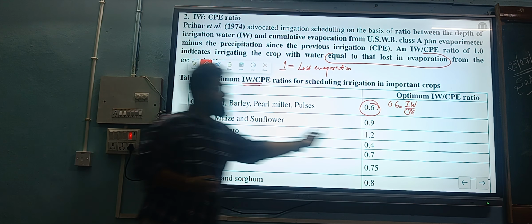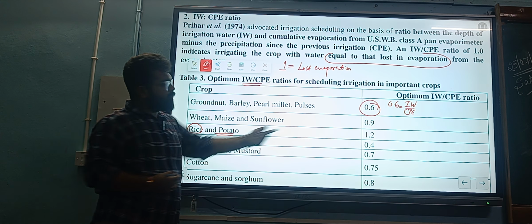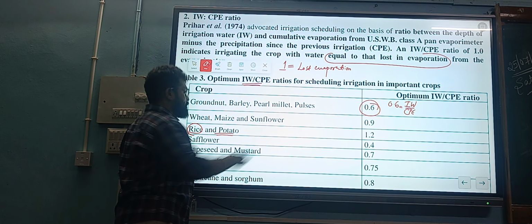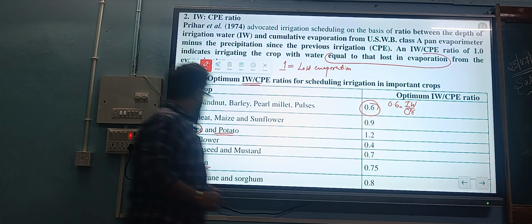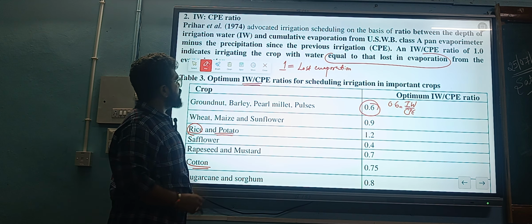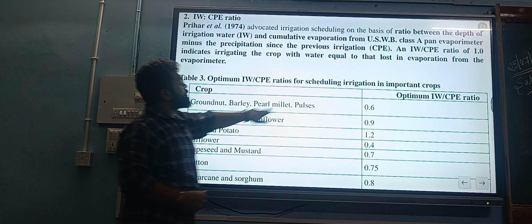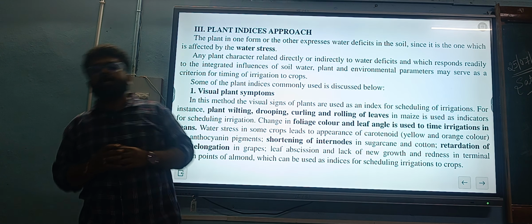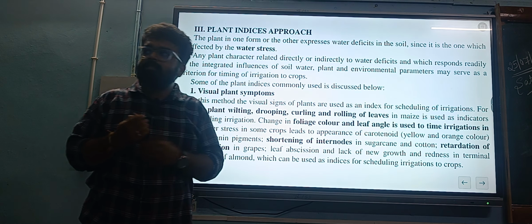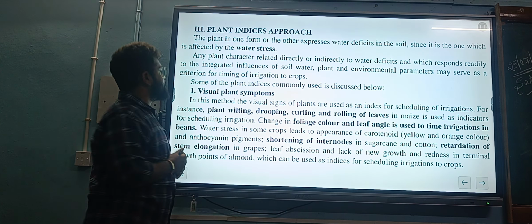Safflower it is 0.4. Rapeseed and mustard it is 0.7, cotton 0.75, and sugarcane and sorghum 0.8.